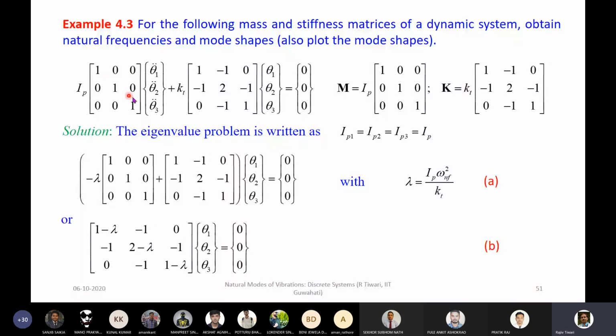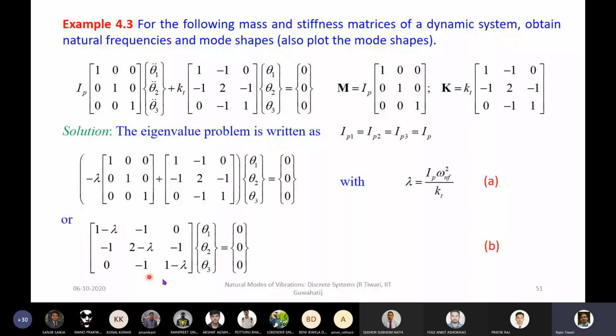This is a 3 by 3 matrix. So you can see the mass matrix is given by this, the stiffness matrix is given by this, and the eigenvalue problem. If we combine this, we get it like this.